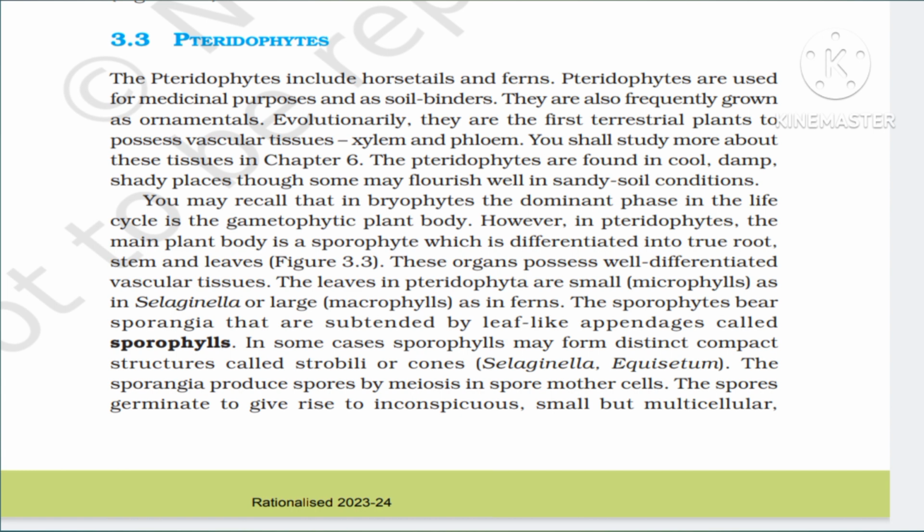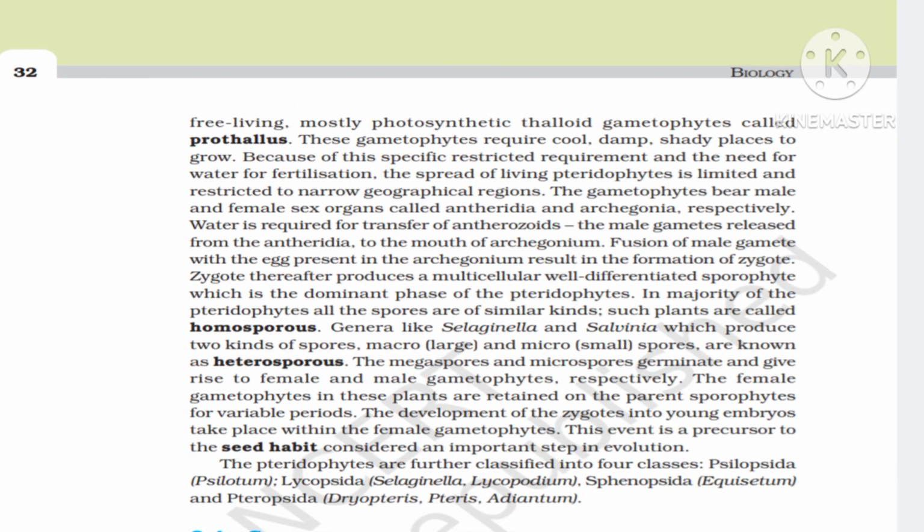The spores germinate to give rise to inconspicuous, that is very small, multicellular, free-living, mostly photosynthetic thalloid gametophytes called prothallus.